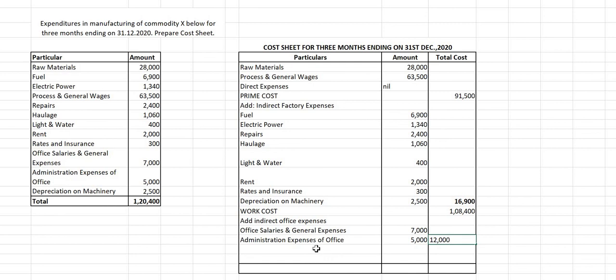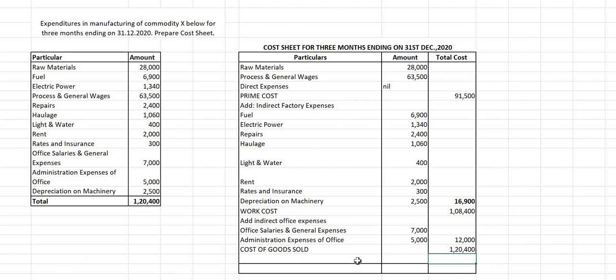Now we have to calculate your cost of goods sold. Cost of goods sold will be your work cost, which is this, plus our expenses of office. So our cost of goods sold is 1,20,400.